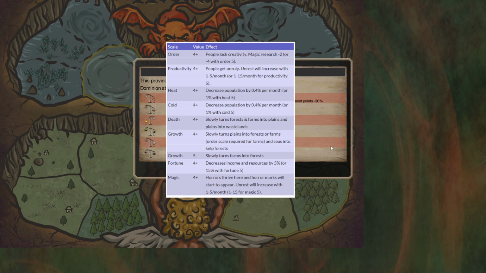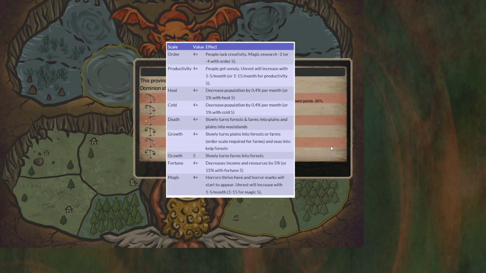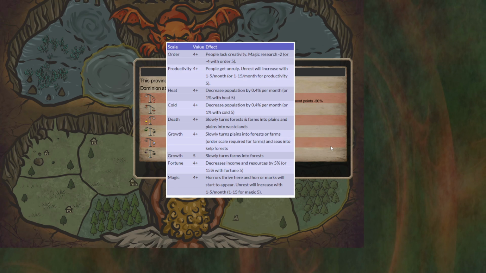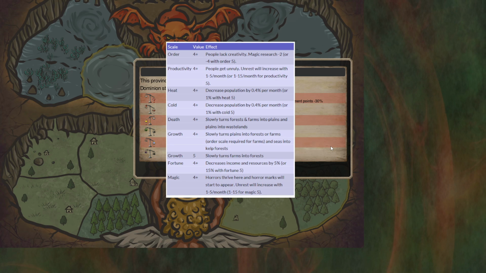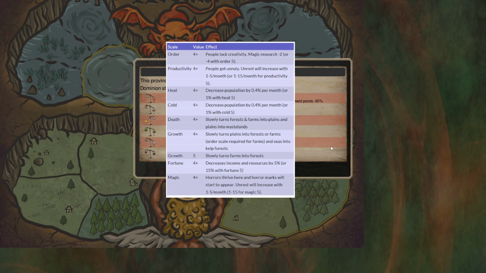At Fortune 4+, you decrease the income and resources by 5%, or if you're at Fortune 5, by 15% for your income and resources. At Magic 4+, horror marks will start to afflict your commanders and units within the province, which will then be attacked by horrors, or at least have an increased chance of being attacked. Unrest will also increase by 1 to 5 per month, or 1 to 15 for Magic 5.